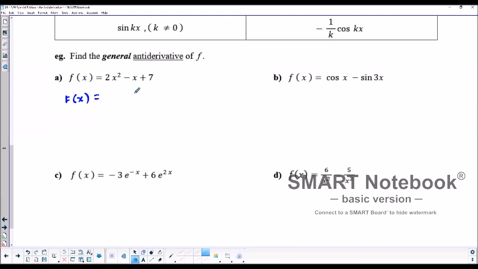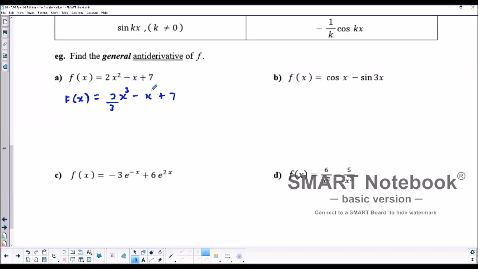Okay, so the function is 2x squared minus x plus 7, which would be sort of the derivative of the antiderivative. So the exponent on this 2x squared increases to 3, and then we have to divide by the new exponent.